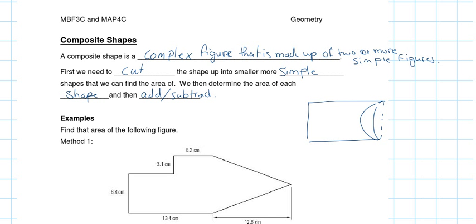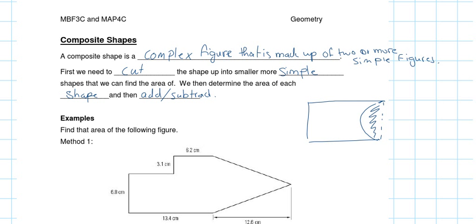That's a rectangle with half a circle taken out of it. So if you look, that half a circle is being cut out of the full rectangle. So in this case, I have to find the area of the rectangle, I have to find the area of the semicircle, and I have to subtract, in order for me to be able to find the actual area of my composite figure. Sometimes you have to add.